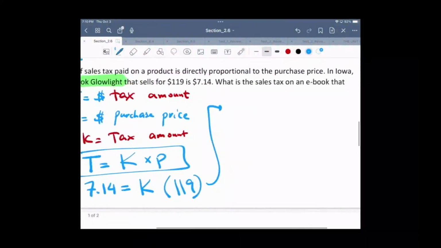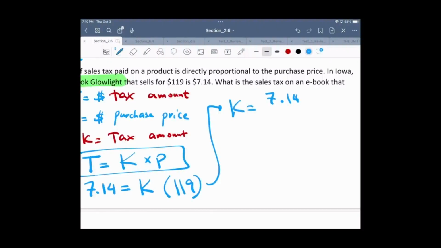So let's calculate K. It would be $7.14 divided by 119. And so calculating that, I got 0.06. And usually, as you know, sales tax is represented as a percentage.